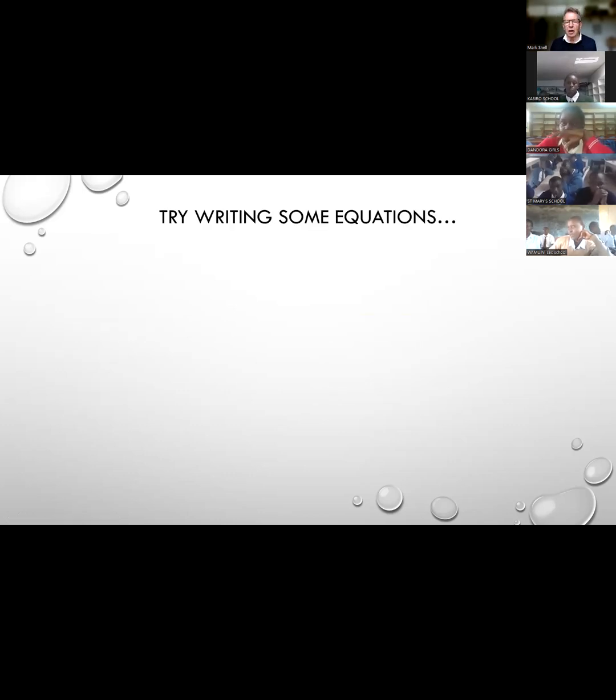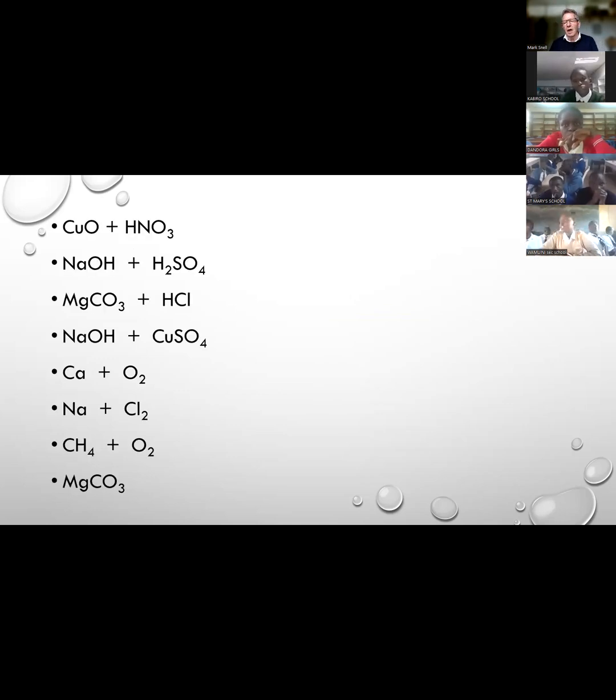So we're going to start with you doing some equations. Here they are. And what I'm going to tell you first is this. What I want you to do is to look at these and find any which have an acid in them. If they have an acid, then you know it is the first type of equation. That's an acid plus metal or oxide or hydroxide or carbonate.